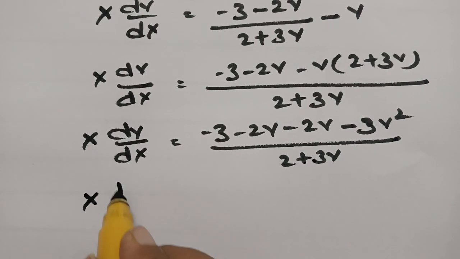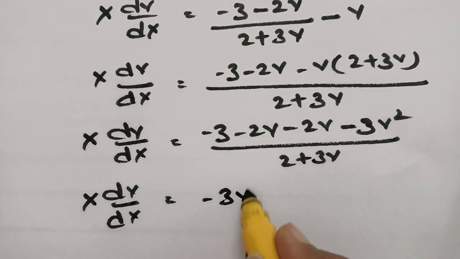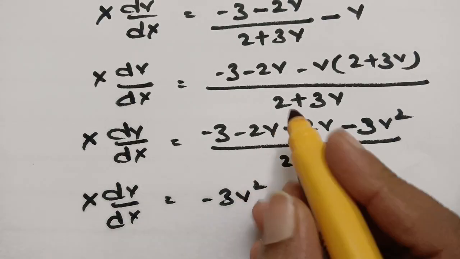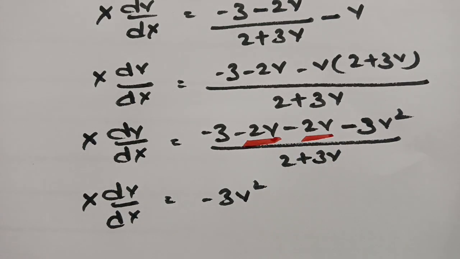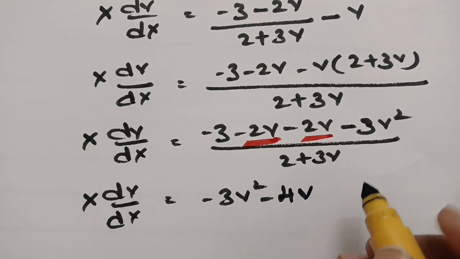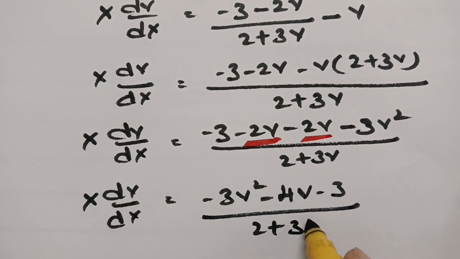See here, this is minus 3v square, and if you observe, this is minus 2, this is also minus 3. So in total, this is minus 4v minus 3, divided by 2 plus 3v.